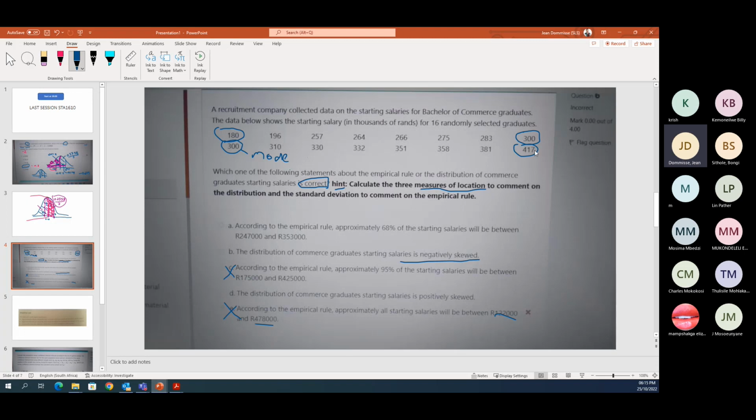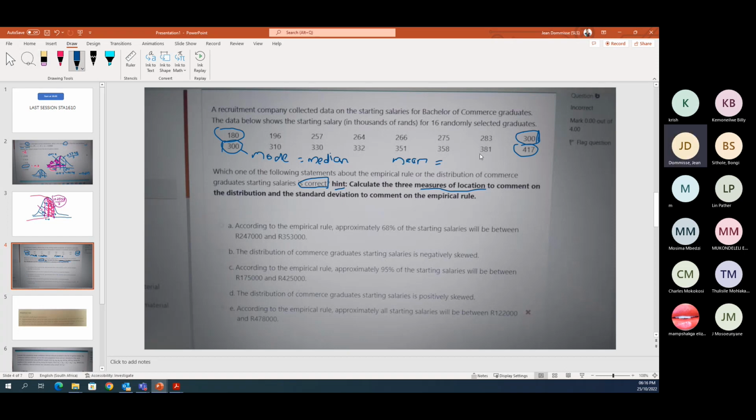Your median will also sit between those two, because your median will be 300 plus 300 divided by 2. So it will be interesting to see what your mean is. Let's just take those two out first.